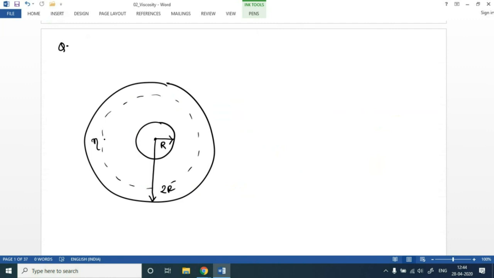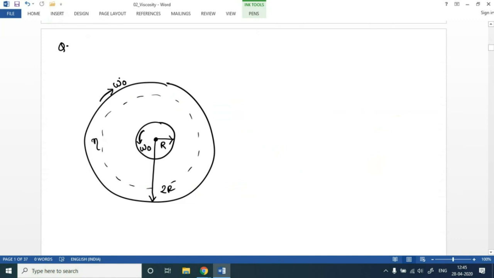Now what we are doing here is rotating these cylinders by applying some external torque, so that the inner cylinder rotates with angular velocity omega naught about this axis, and the outer cylinder rotates with angular velocity omega naught, but in the opposite direction.